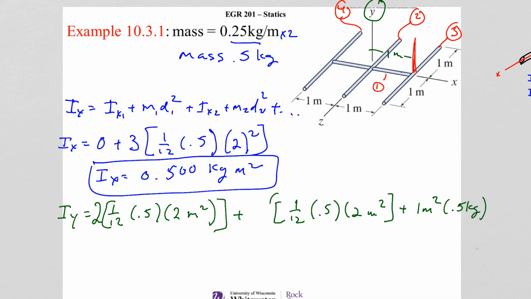That amount is the same for rod 4, so I can multiply that also by 2. And if I calculate this, I end up with 1.67 kilogram meter squared.